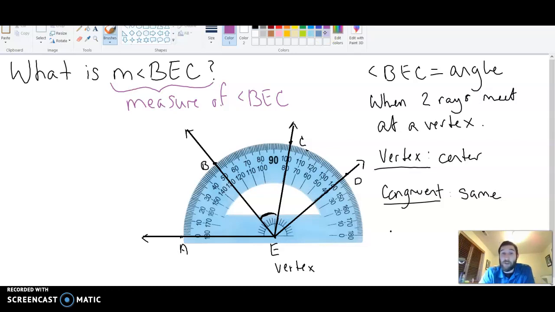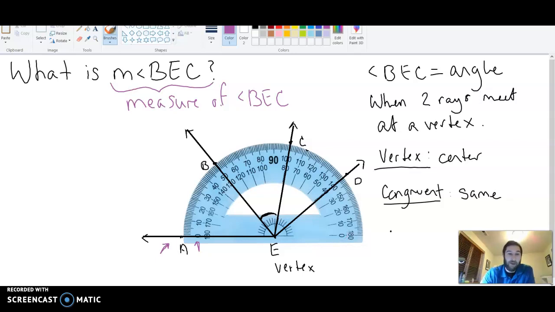So if you'll notice on this protractor, and often on the protractors that you'll be using in school, you'll see two rows of numbers. If we look at the vertex AE here at the bottom, notice that it lines up with the 0 here. And notice that the other 0 does not have a line on it. It is not part of our angle. So if we try to read from this protractor, we're reading from the 0, and then we want to read up along that protractor.